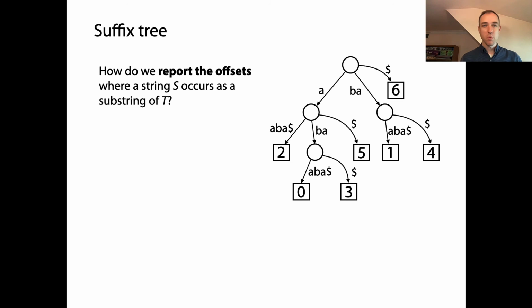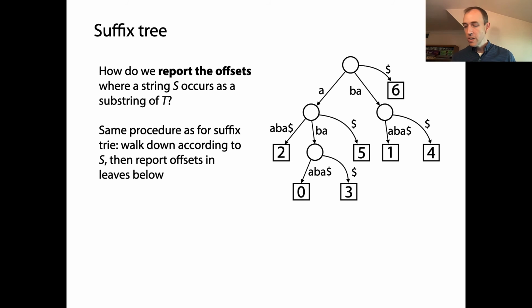Let's bring back the fact that the leaves of the suffix tree are annotated with the offsets of the suffixes, which we said when we were first discussing the suffix tree. So if we want to report where the occurrences of S are within T, we can do our walk down according to S and then report the offsets that we find in the leaves.